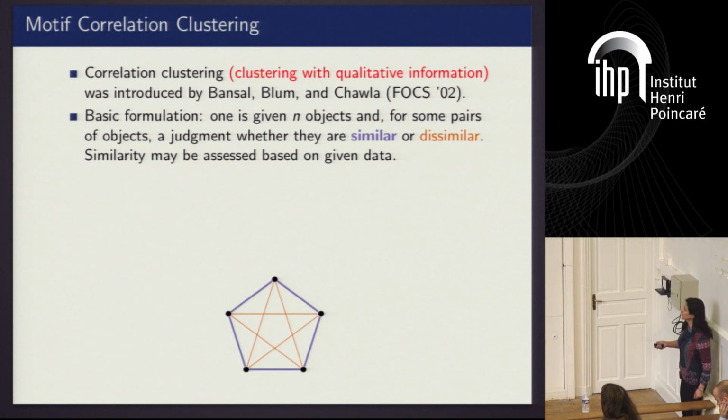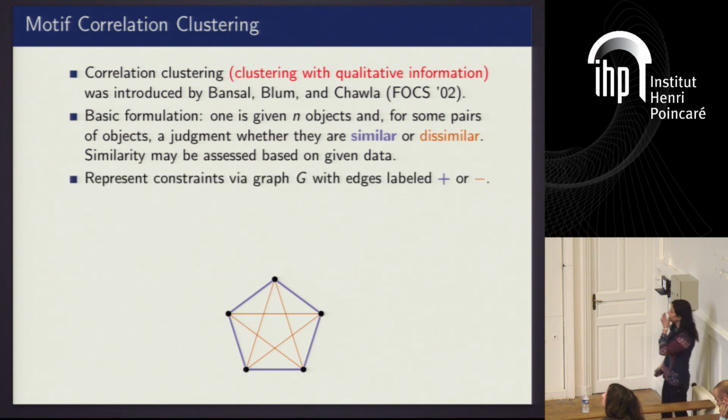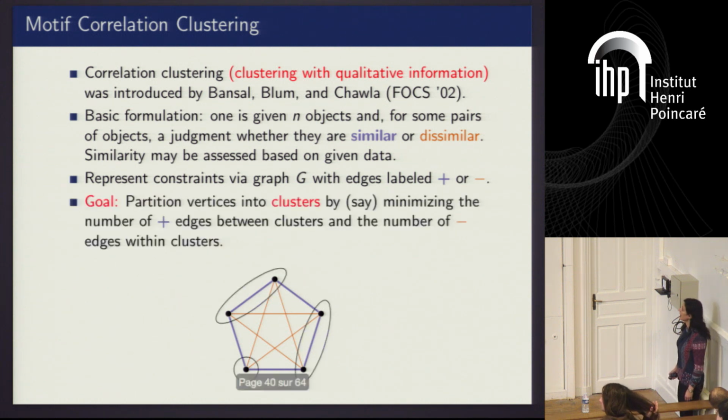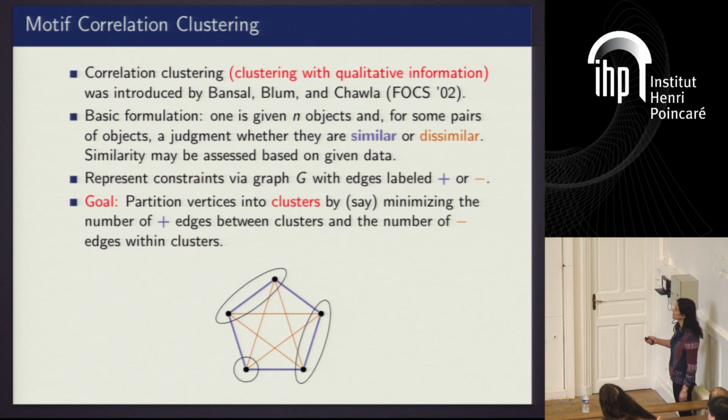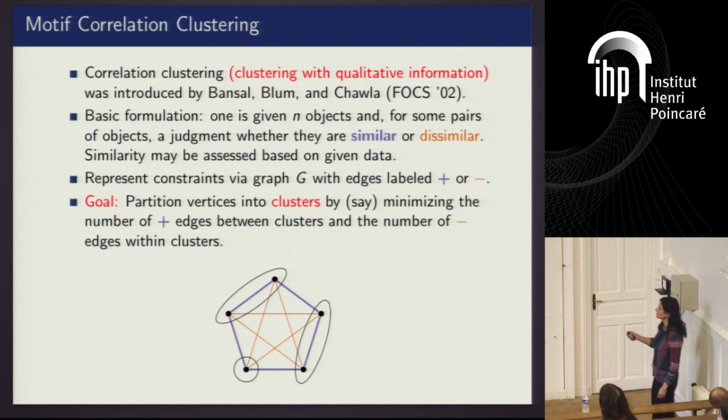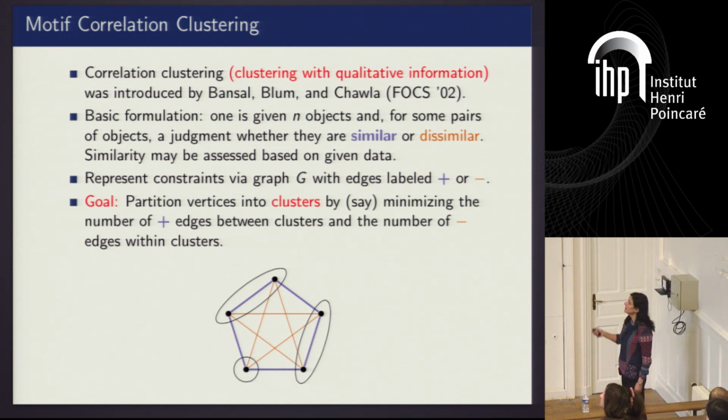And the question that Bansal, Blum, and Chawla asked is, if you represent these constraints with the graph where the edges are labeled by these colors based on friendship or non-friendship, can you partition the vertices into clusters so that you minimize the number of plus edges between clusters and the number of minus edges within clusters? Why?